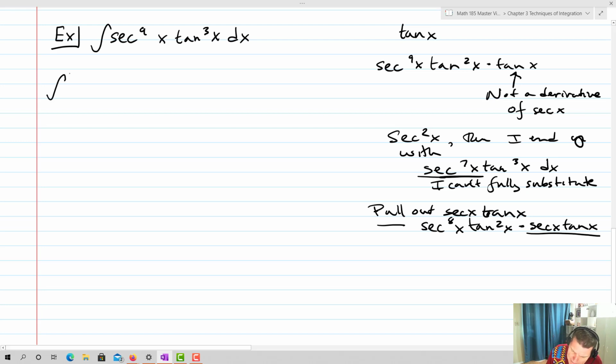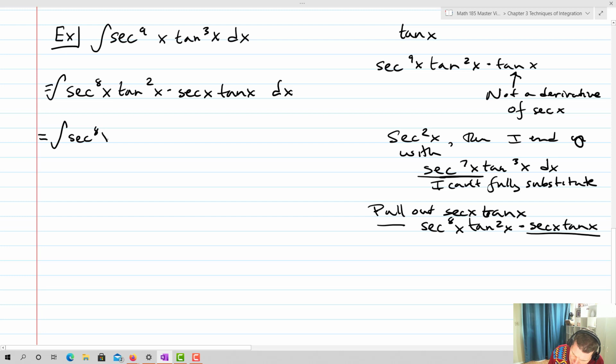So I'm going to take the integral of secant to the 8th x tangent squared x times secant x tan x dx. And that's going to equal the integral of secant to the 8th x, and now I'm going to transform tangent squared x into secant squared x minus 1, times secant x tan x dx.